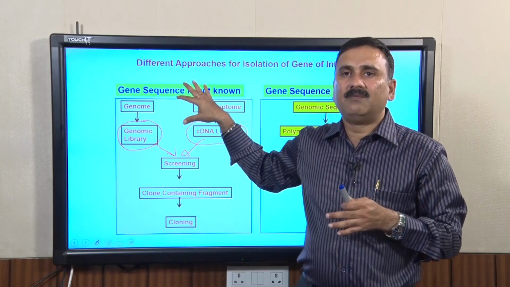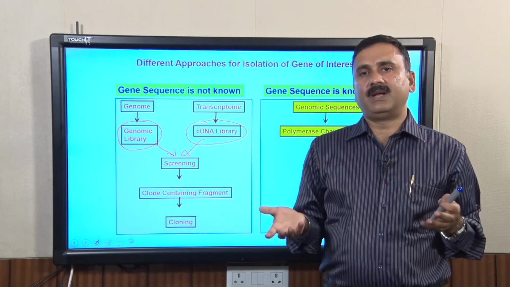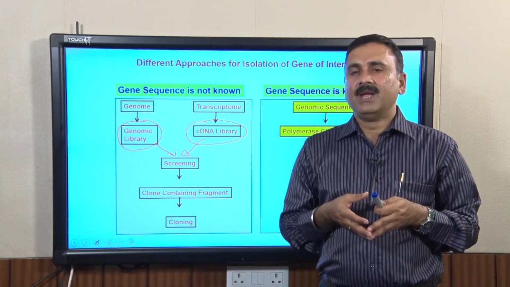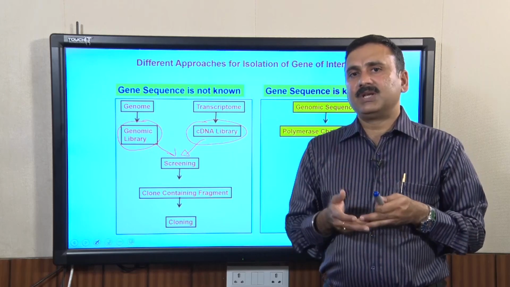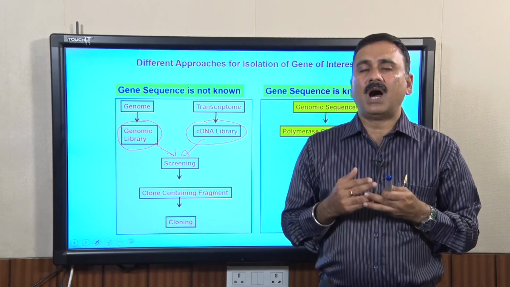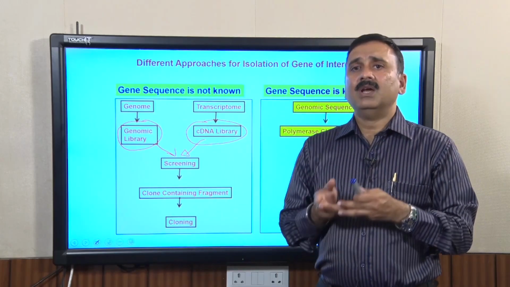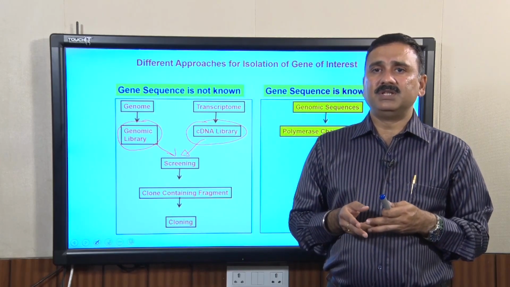Under this we have also discussed how to prepare a genomic library or a cDNA library. And now in the subsequent lecture we are going to study how to screen the genomic library or the cDNA library to isolate your specific gene sequence.